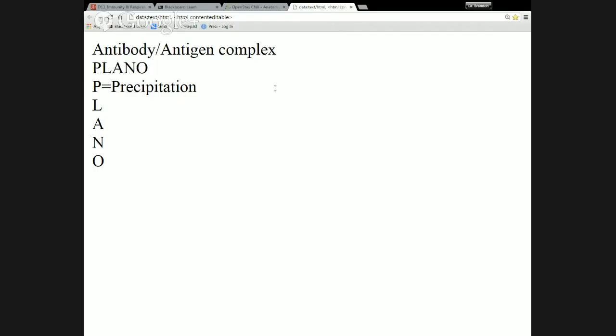When we're talking about antibodies and antigens, precipitation is when a small antigen falls out of solution. When I say small antigen, what I mean here is like a protein. My go-to protein antigen is snake venom toxin.